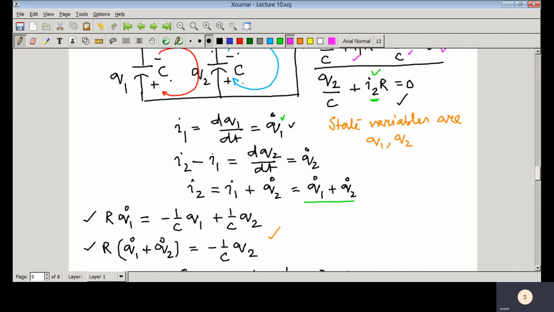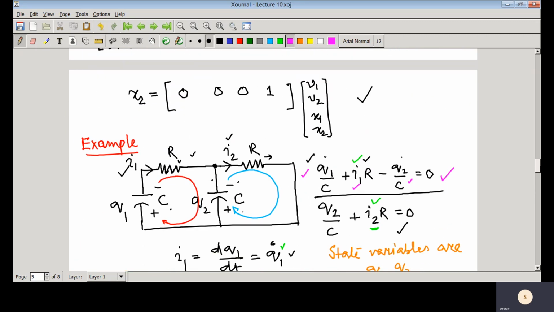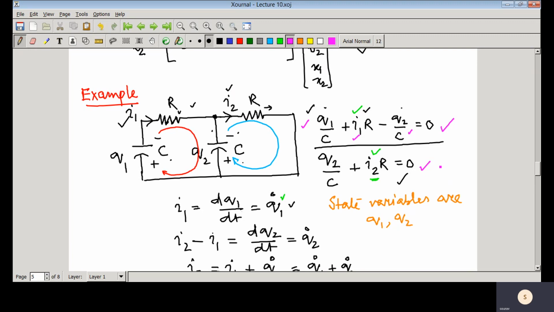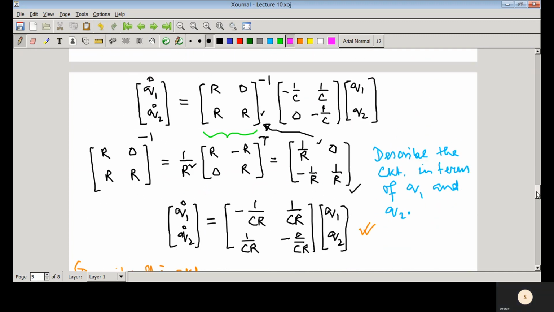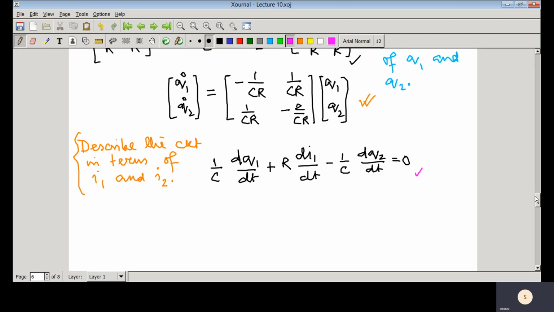Similarly for the other equation, if we take the derivative, that is di2 by dt into R plus dq2 by dt into 1 by C. So we have 1 by C dq2 by dt plus R di2 by dt equal to 0.